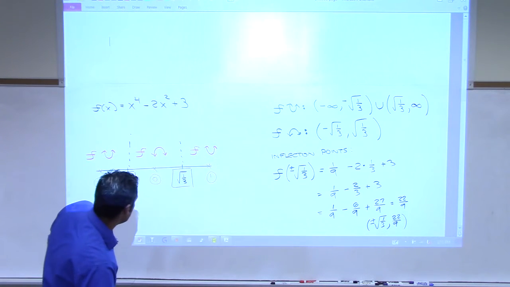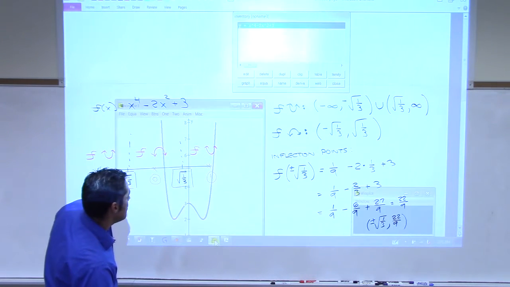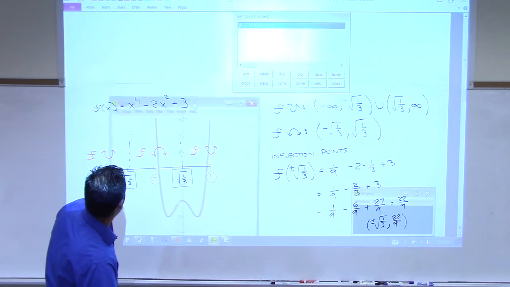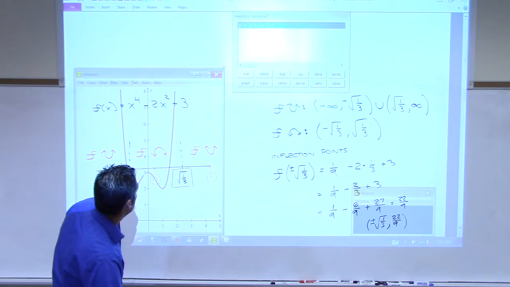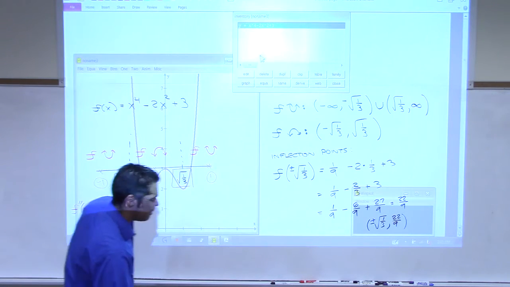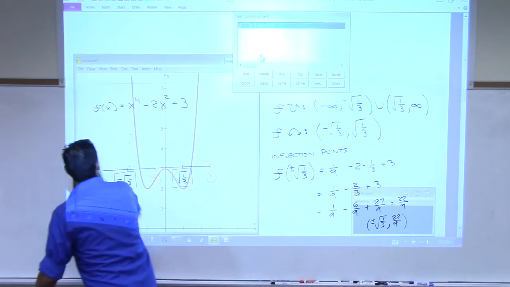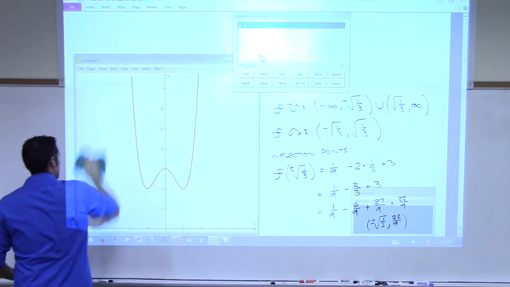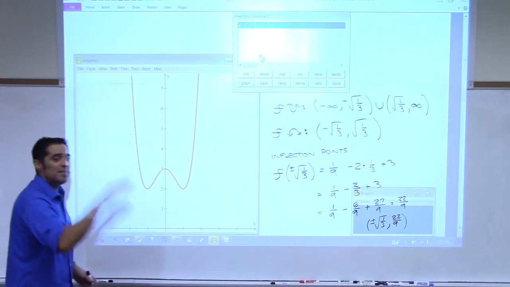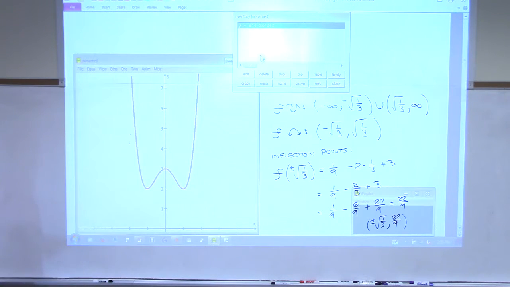Now I want to bring back up that graph right here. We had looked at this a second ago and we had all said we were happy with the fact that we found where it was increasing and decreasing and all that stuff, right?